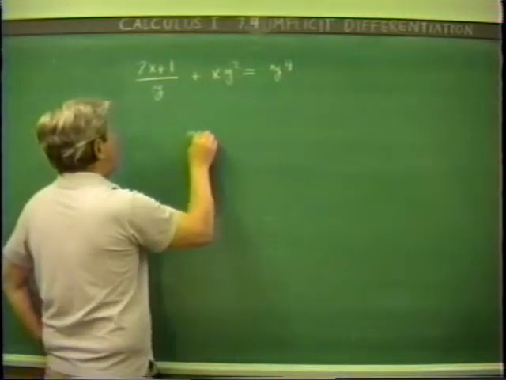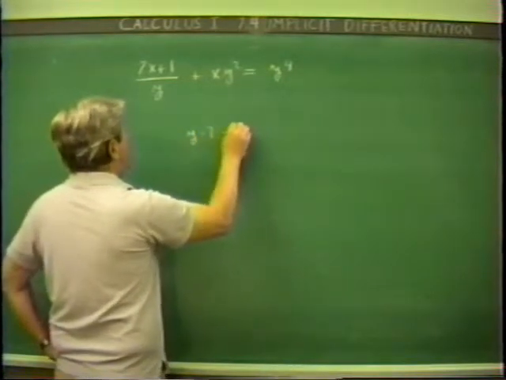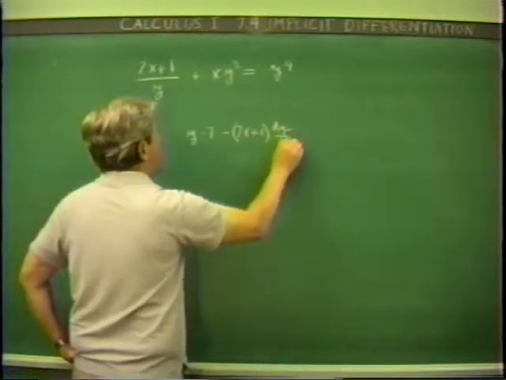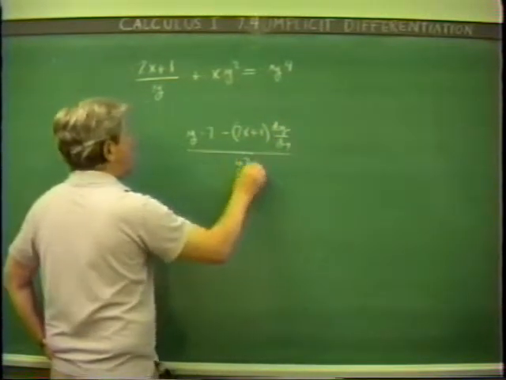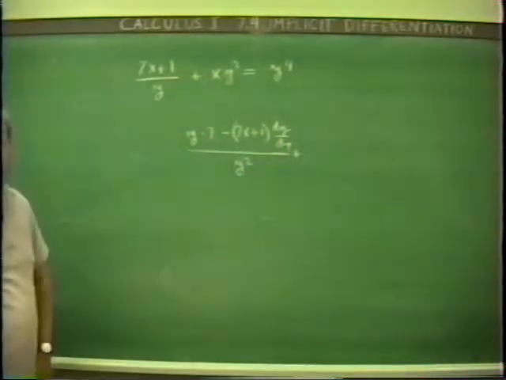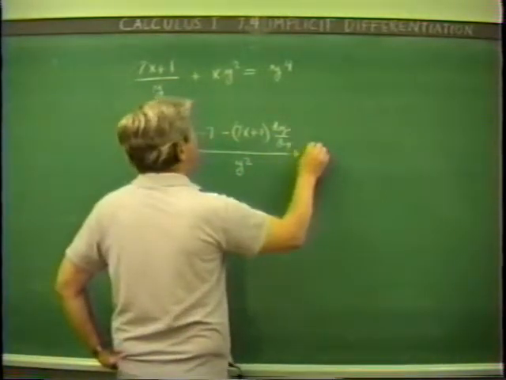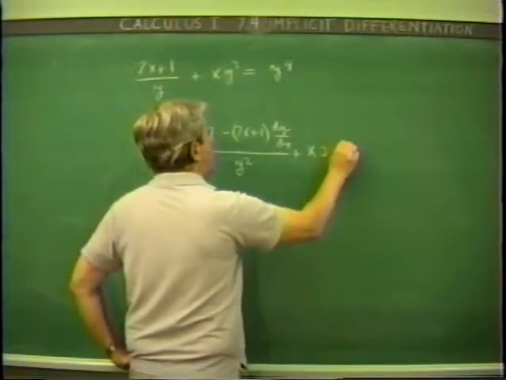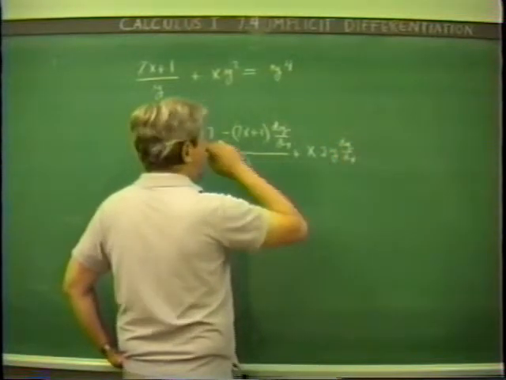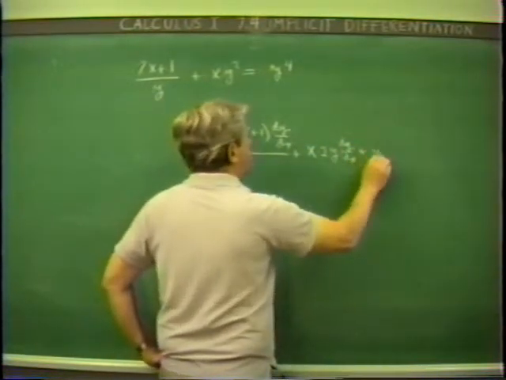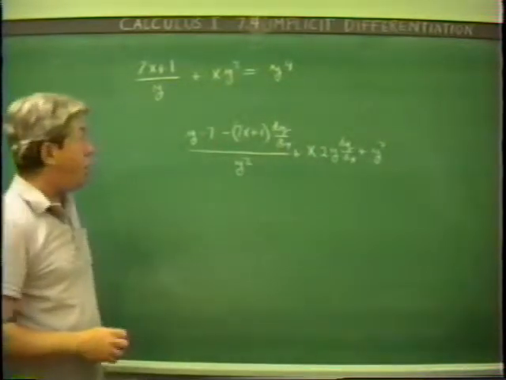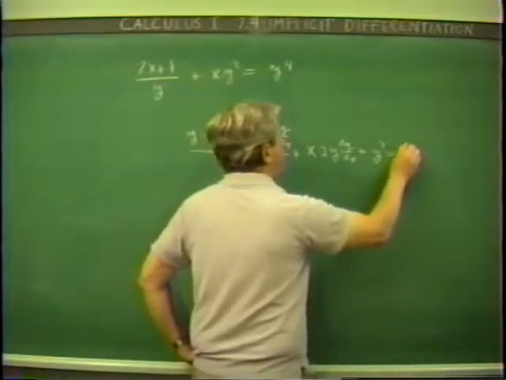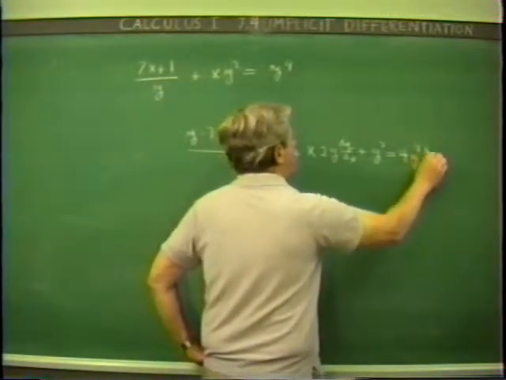So the derivative is going to be the denominator times the derivative of the numerator minus the numerator times the derivative of the denominator, over the denominator squared, plus xy squared is a product. So it's going to be the first times the derivative of the second, which is 2y, derivative of y with respect to x, plus the second, y squared times the derivative of the first, which is 1. And this is supposed to be equal to the derivative then of y to the 4th, which is 4y cubed dy dx.